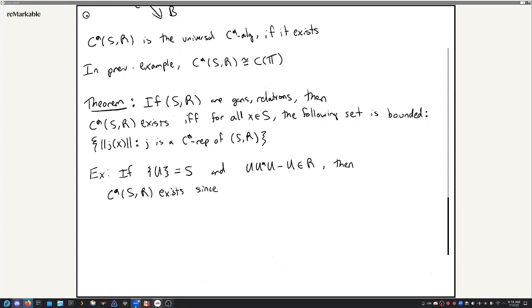Since in that case, if you have a C-star representation, j of U is a partial isometry, by this relation we get j of U star j of U is equal to j of U. And any partial isometry has norm at most 1.